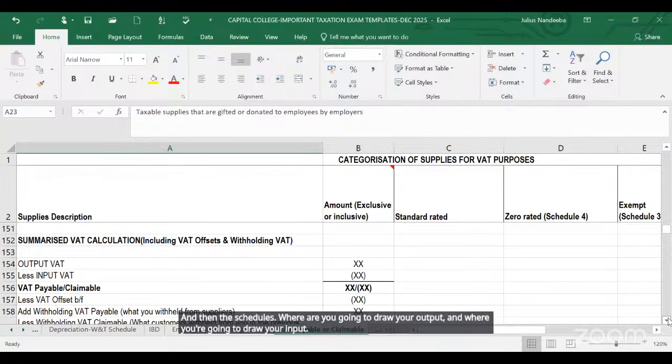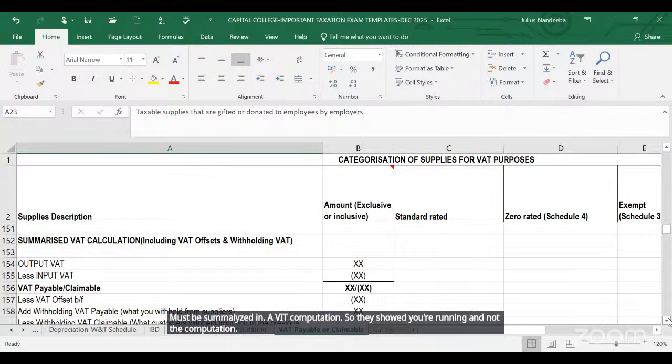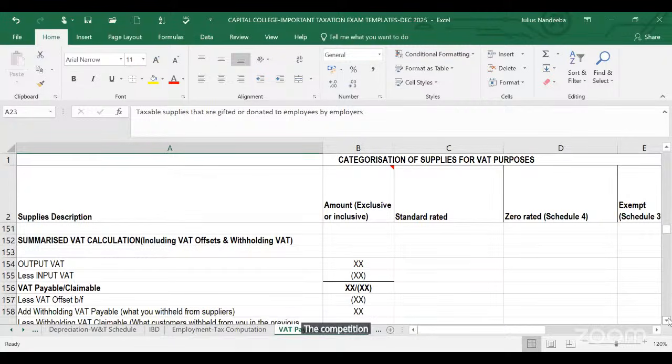But whatever you draw in the output schedule and the input schedule must be summarized in a VAT computation. So the schedules you're running are not the computation. The computation is a summarized item or process where we actually have the output tax.